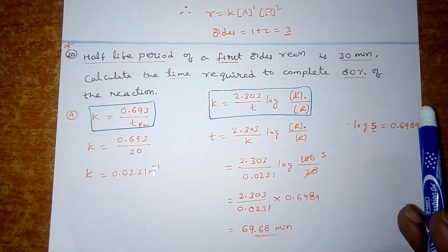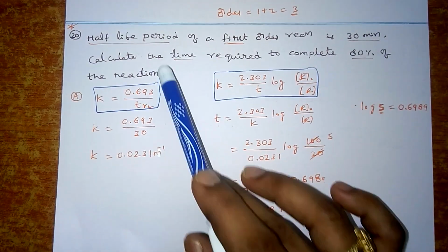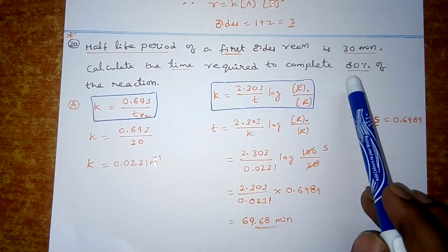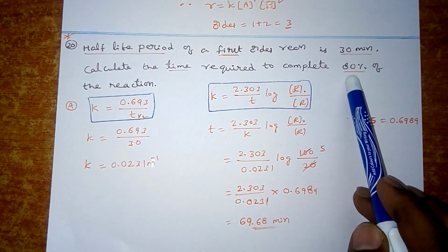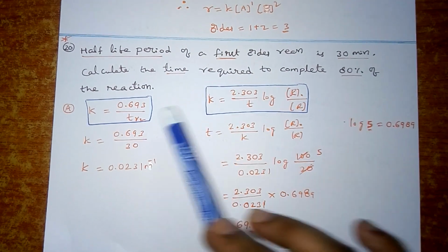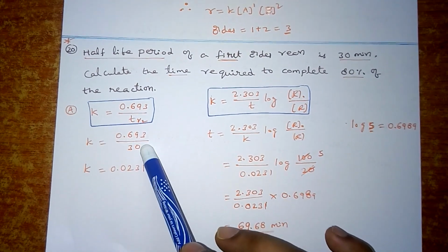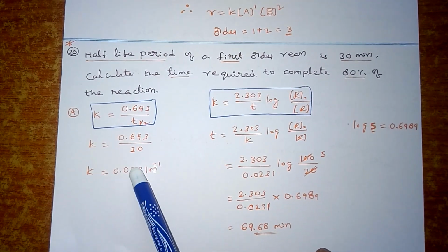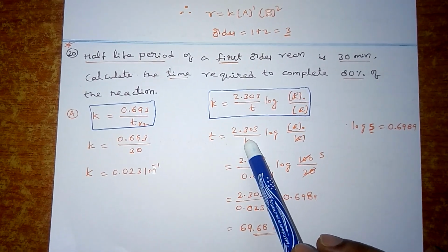Next problem, again this model is important. Half-life period of a first order reaction is given. Half-life is given, then you have to calculate the time required for completion of 80% of the reaction. Half-life 30 minutes is given. From that you calculate the K value. Once you get the K value, just substitute the K value here.